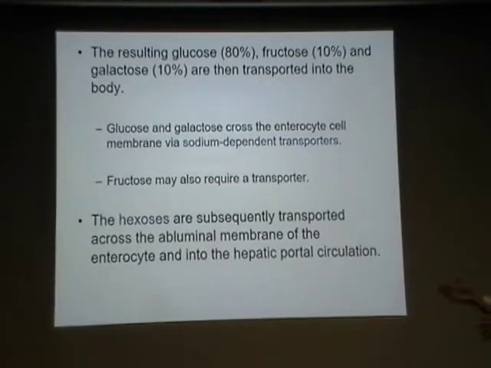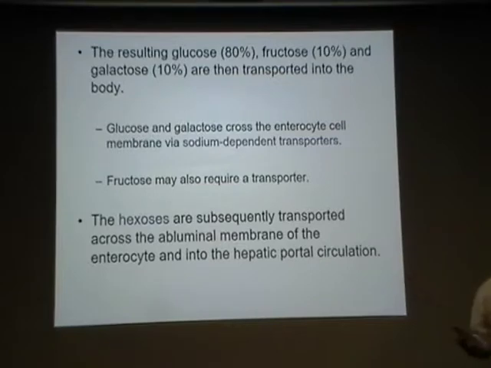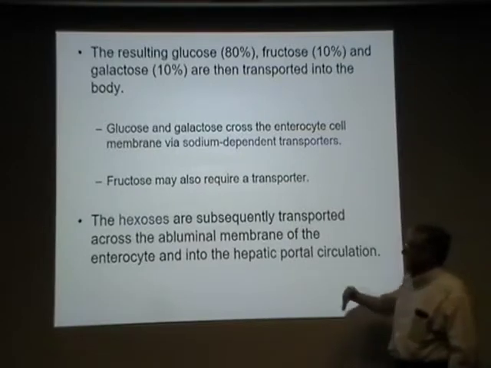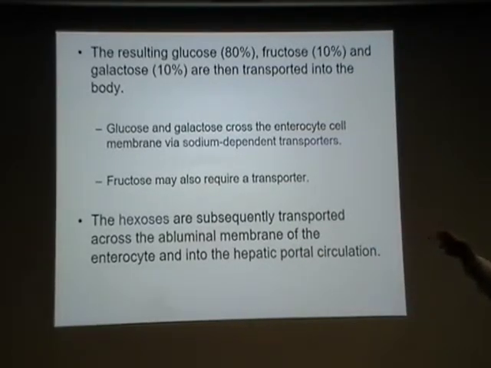Now these hexoses, 6 carbon sugars, need to once again be transported out of the enterocyte across the abluminal membrane to get into the interstitial fluid, and from there into the blood. So we also have transporters in the abluminal membrane to transport the sugars into the interstitial fluid.